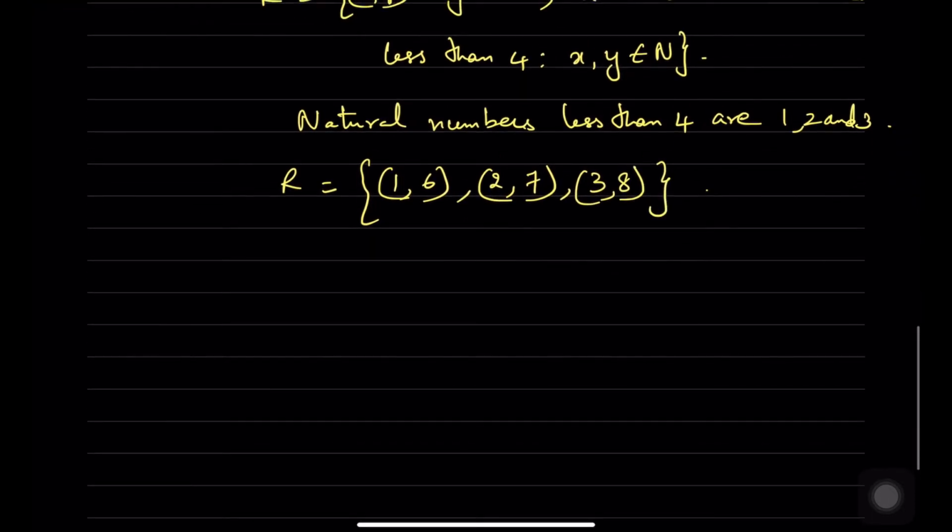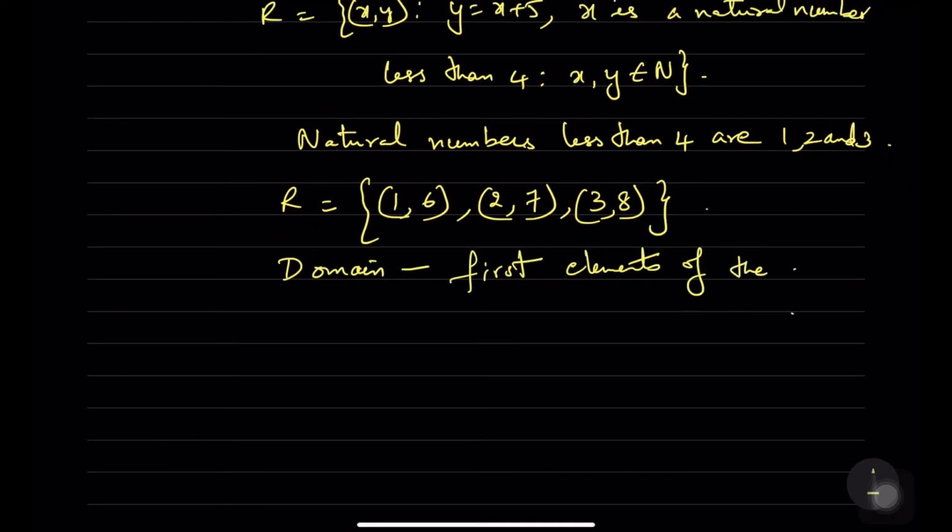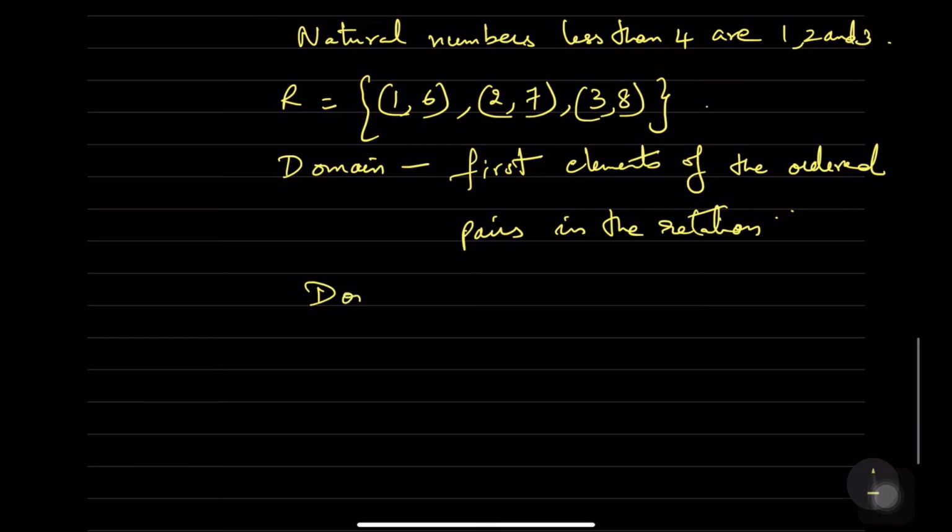Now you know what the domain is. Domain is all the first elements of the ordered pairs in the relation. Therefore the domain of R is 1, 2, 3.